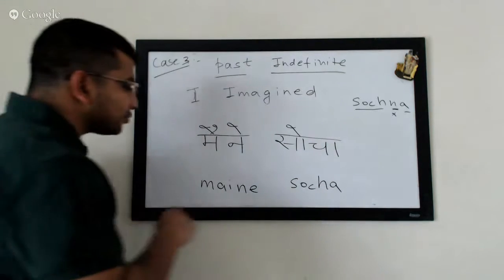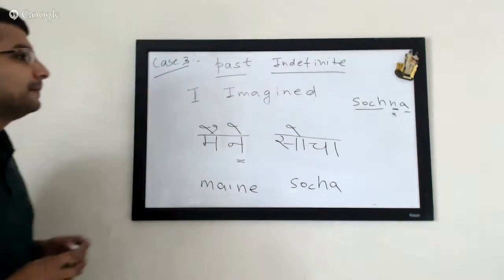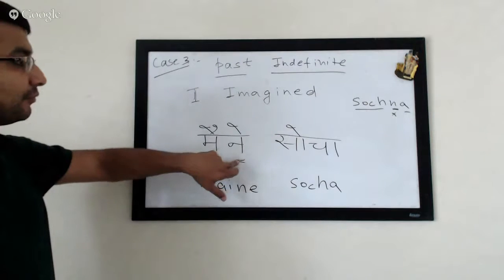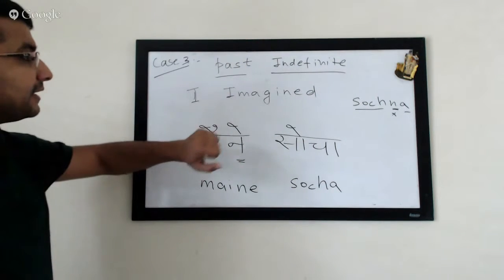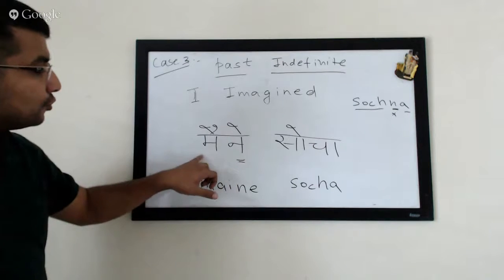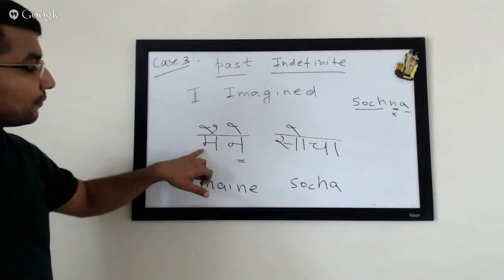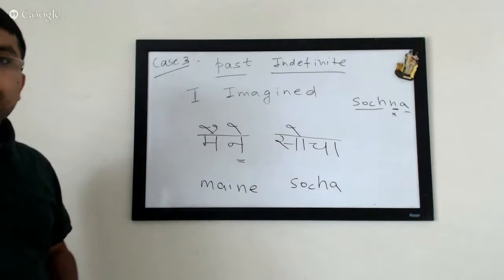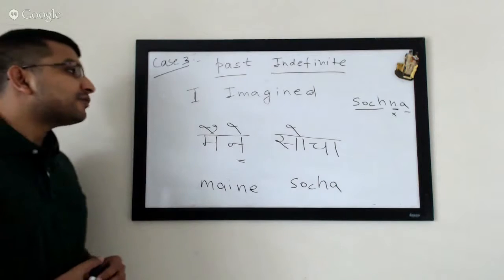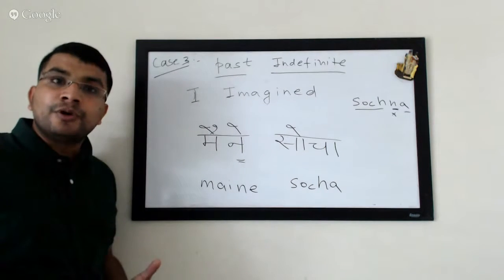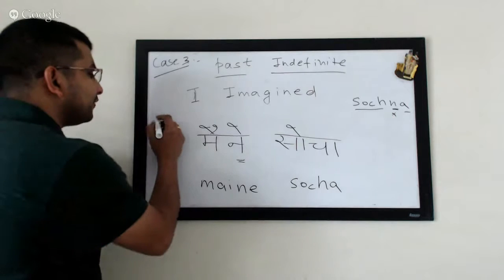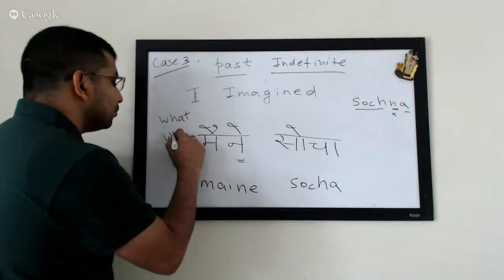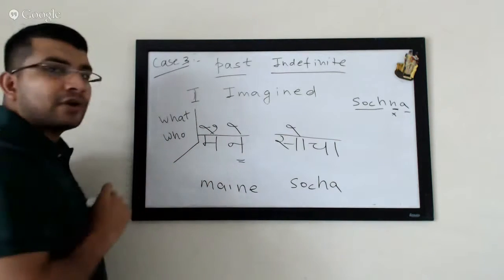Again, just to remind, this is the postposition ne, and it's a property of all the transitive verbs that when you use them in past indefinite tense, as in I imagined, you will put ne with the subject: मैंने सोचा. And if you have trouble thinking about what is a transitive verb, whenever you can frame a question with what and who, those are sort of transitive verbs.